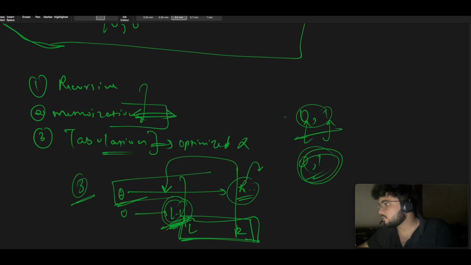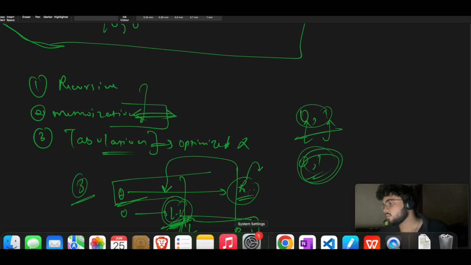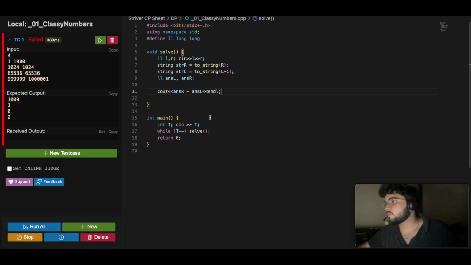And then we can directly subtract these two. This is why we calculate the answer for right, then the answer for left, and this will be our final answer. And for left we'll be selecting the number L minus 1, right? So till now what we have done is selected a number R, and then a number L minus 1.